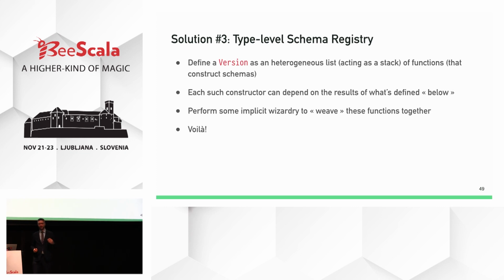So for example, if I have a person class that contains a field of type user, I first need to put on my stack the function that produces the schema for user, and then I'm allowed to put on top of that a function that takes the schema for user and produces the schema for person.